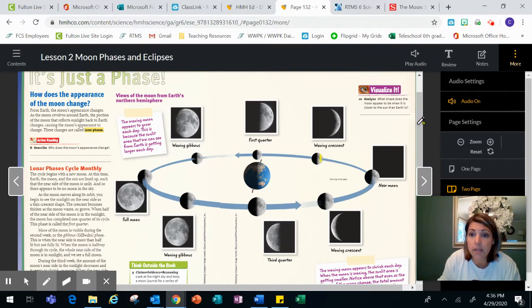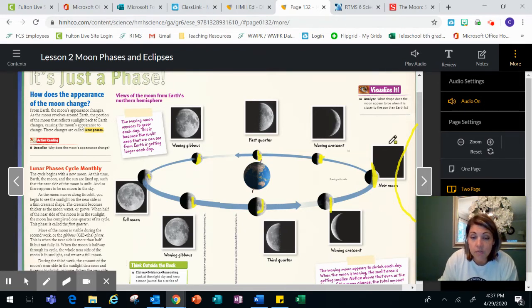The sun must be out here. Half is lit. Half is lit. Half of it's lit up here, half of it's lit up here, and here, and here, and here. So the same half is always lit up.